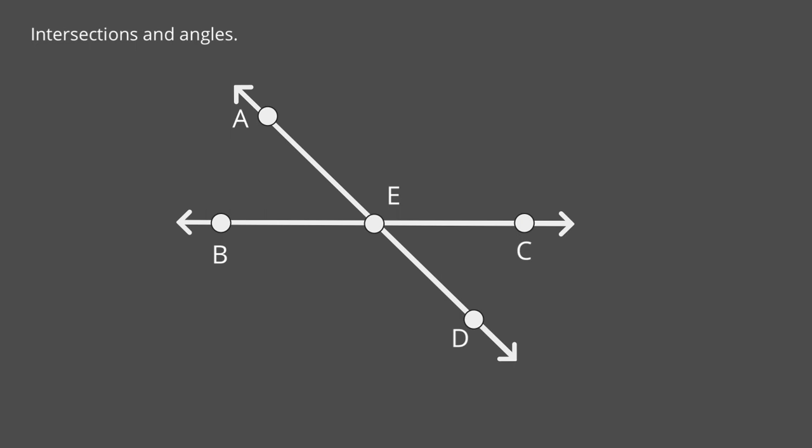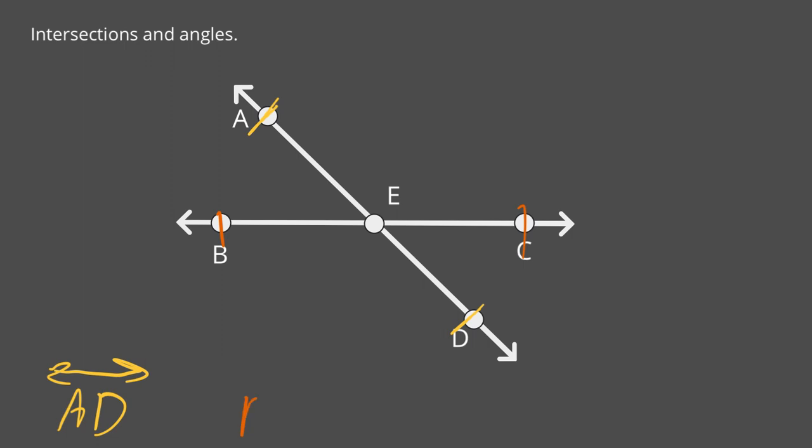So now we have a different problem where our lines do intersect each other. We have line AD intersecting line BC.